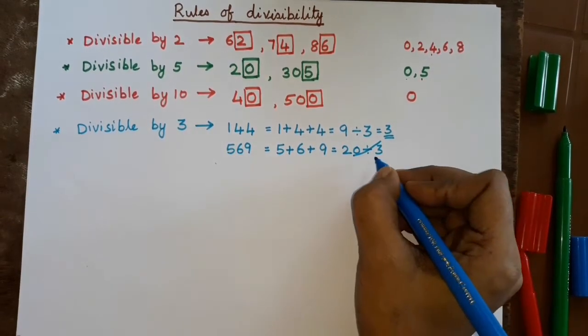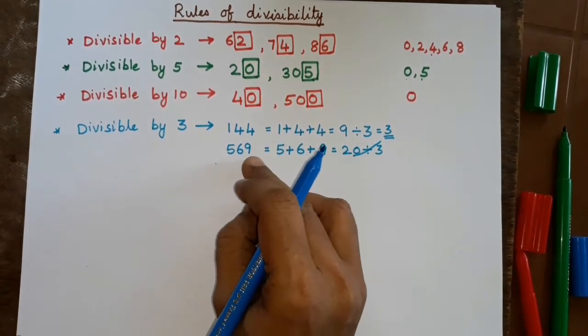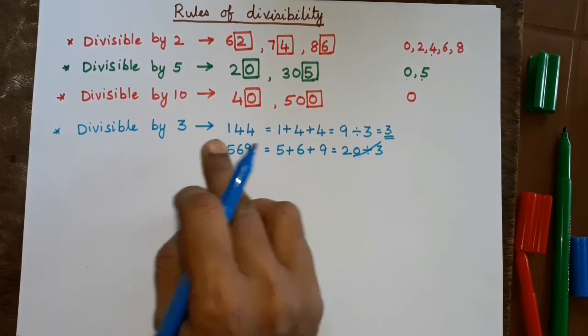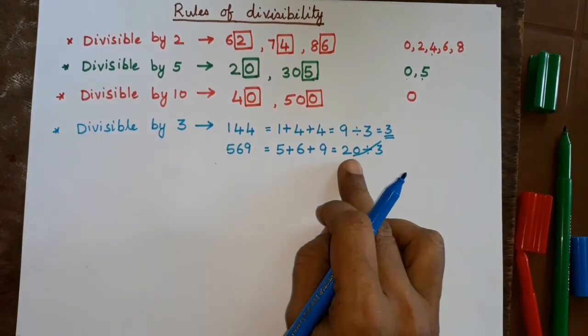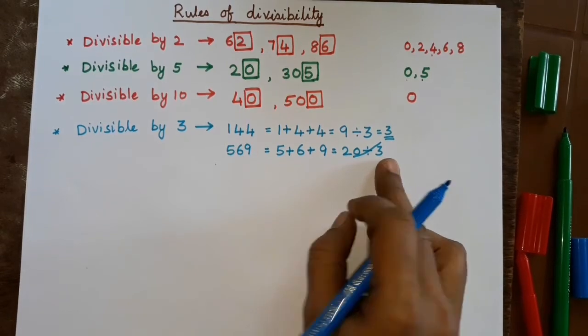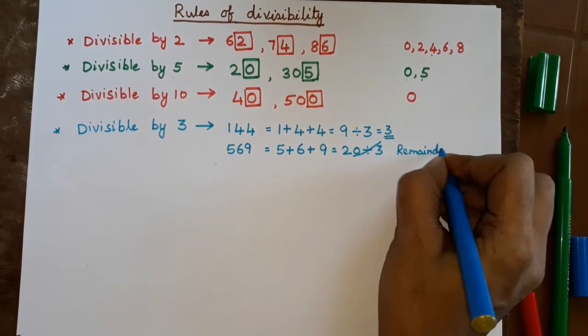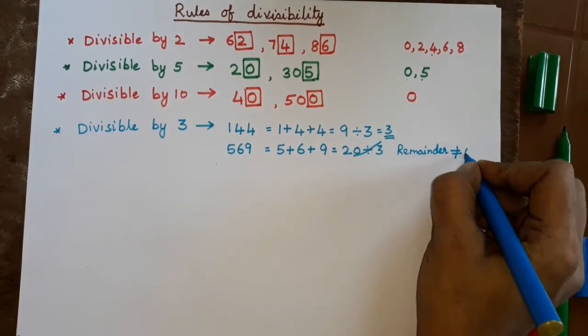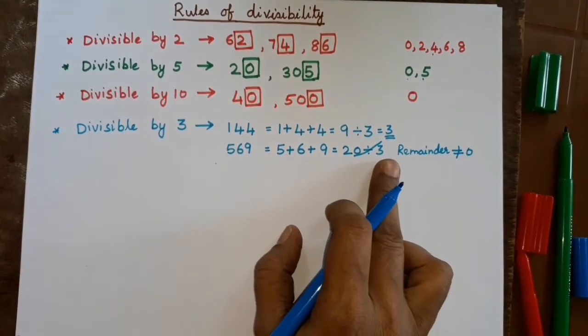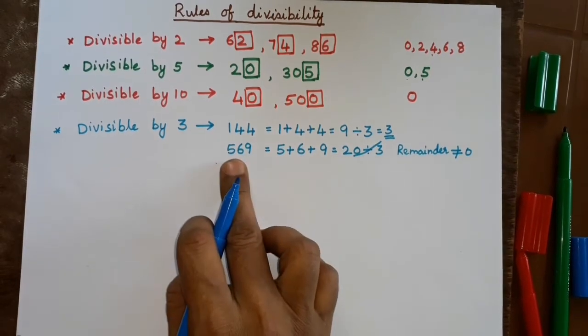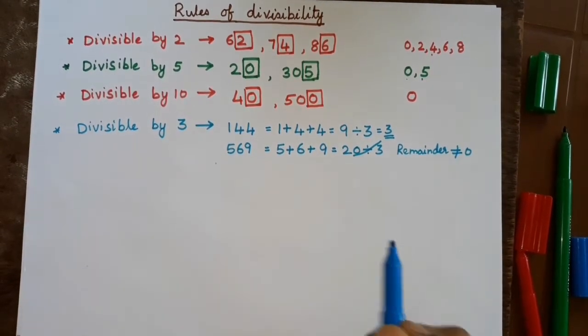No. So 569 is not divisible by 3. How did I say it is not divisible by 3? The remainder is not equal to 0. So 20 is not divisible by 3, and so 569 is not divisible by 3.